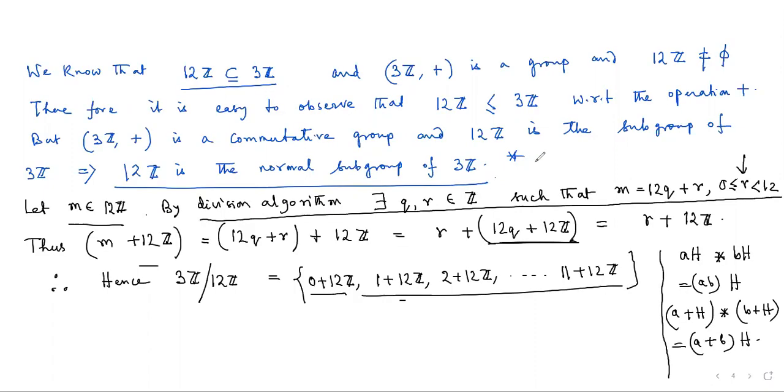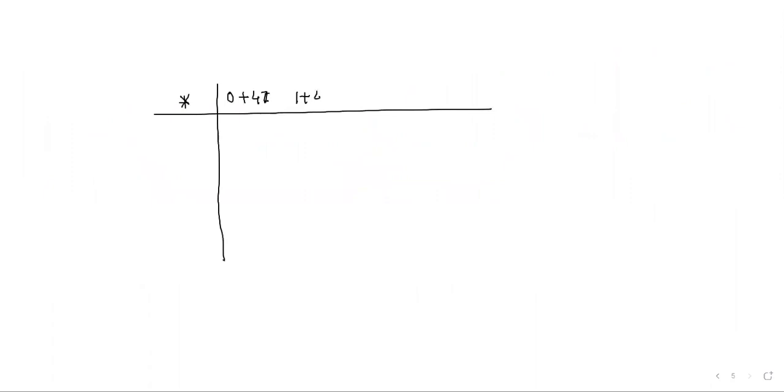To form the Cayley table, we have to write it in this manner. We put the operation star over here. We put all the elements, 0 plus 12Z, 1 plus 12Z, 2 plus 12Z, and so on up to 11 plus 12Z.